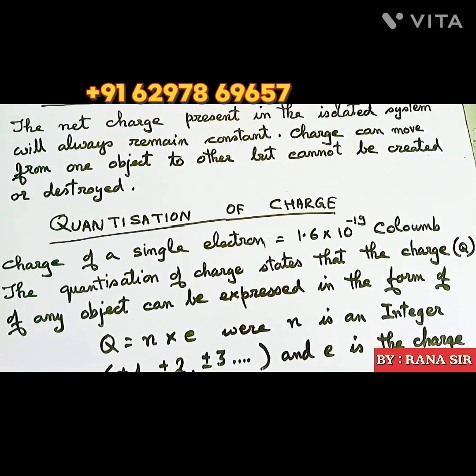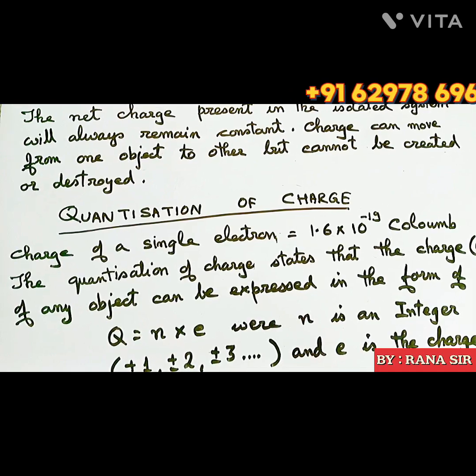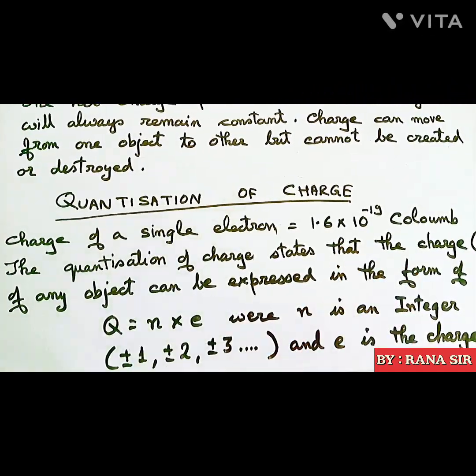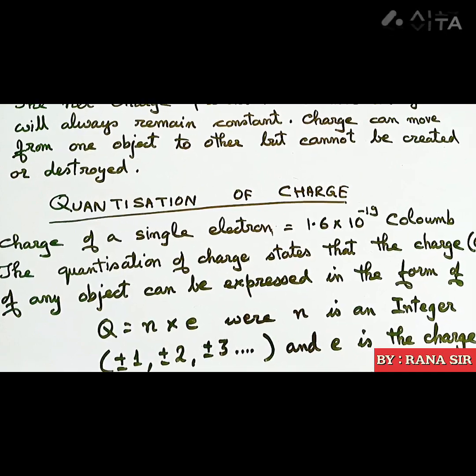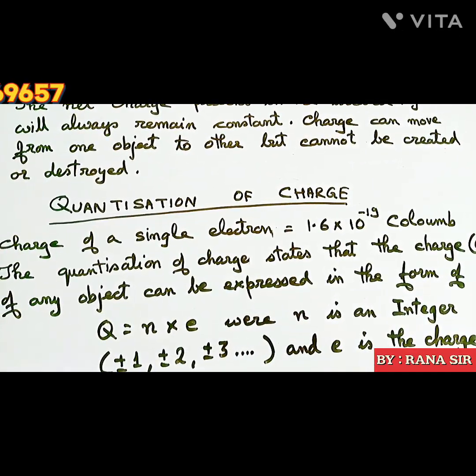Next topic is quantization of charge. The charge of a single electron is 1.6 into 10 to the power minus 19 coulomb. You should know this. This is the charge of one electron.